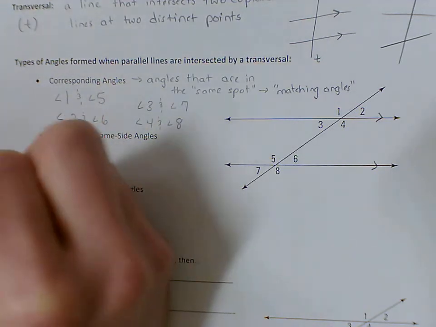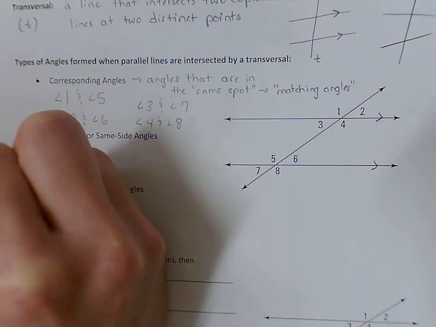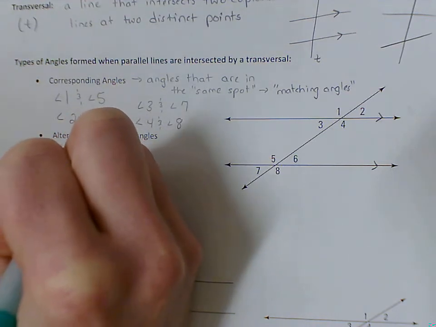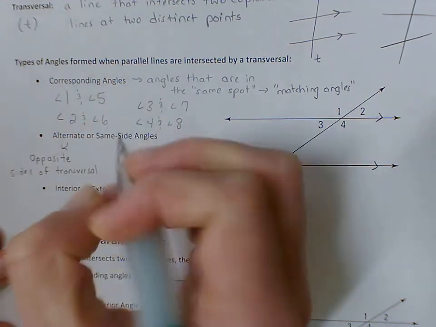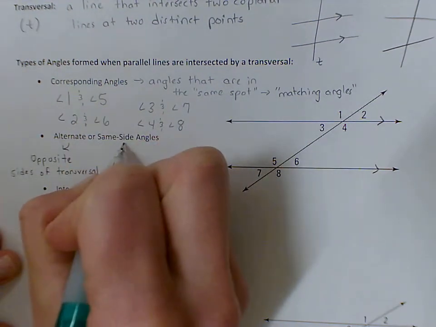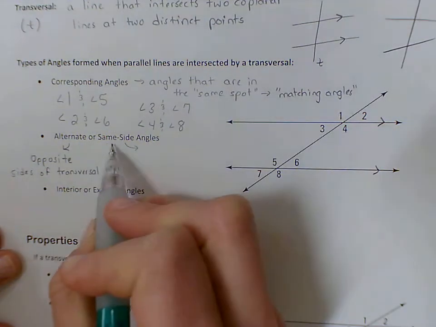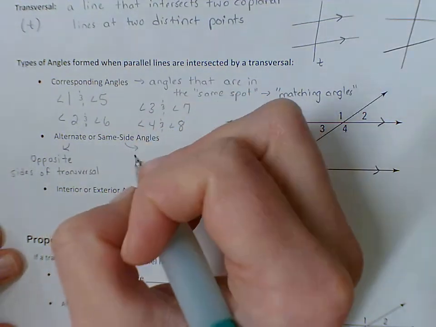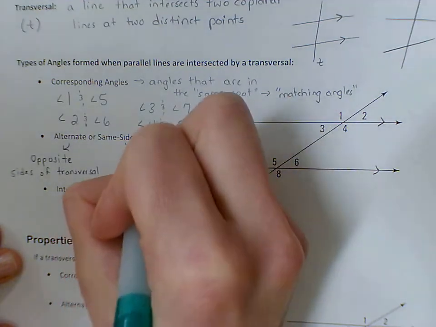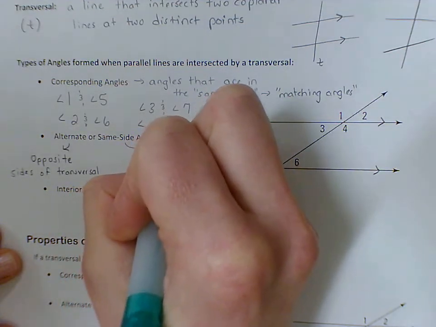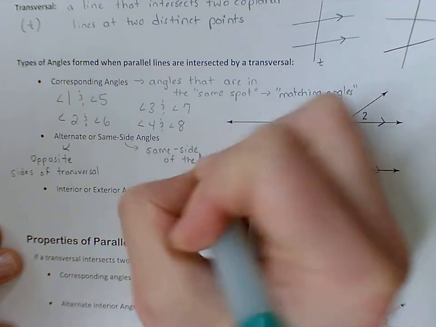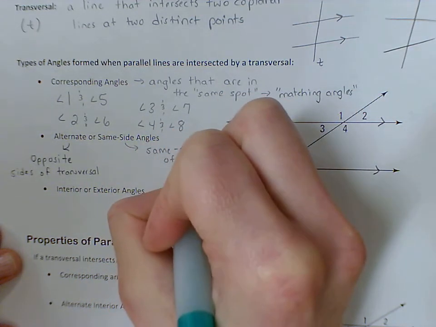So they're on opposite sides of the transversal. And then same side angles are the ones that are on the same side of the transversal. So with these, you're just looking at the transversal.